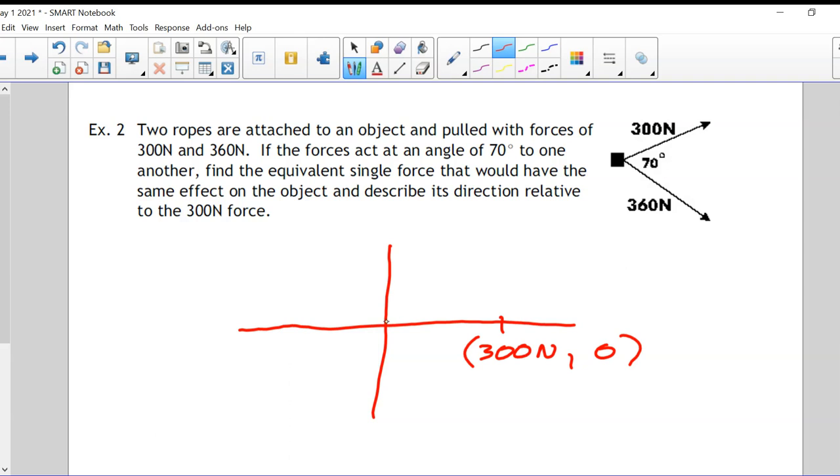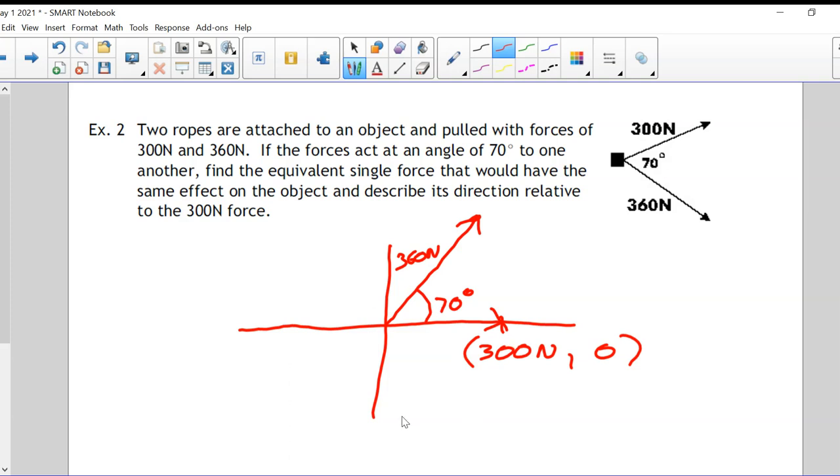My other vector is 70 degrees away. This angle right here is my 70-degree angle. Remember, this one has a 360 Newton magnitude. So we need to find the x and y components of this vector. I'm going to remind you what we did the last time.